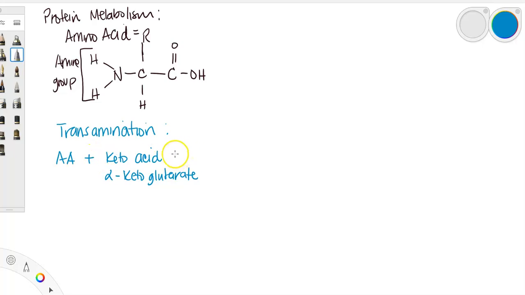So we add those together and we get a keto acid plus an amino acid, and the amino acid is glutamic acid.